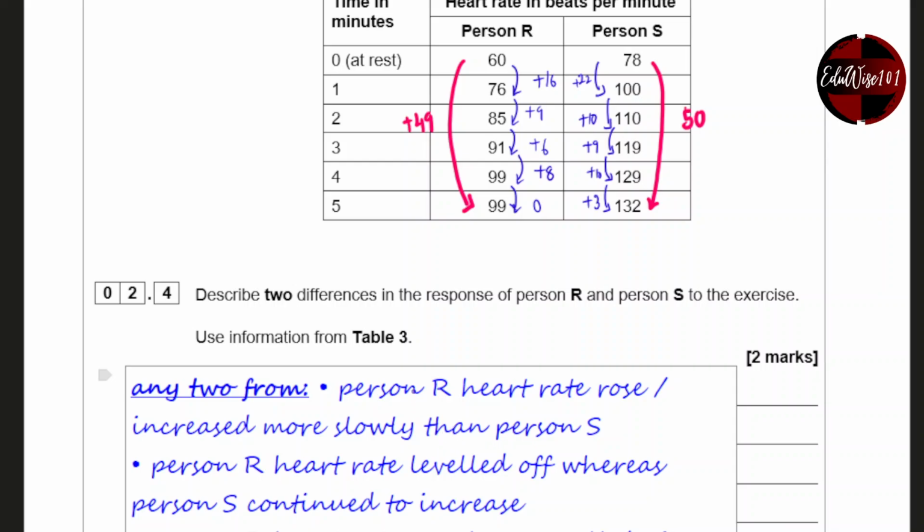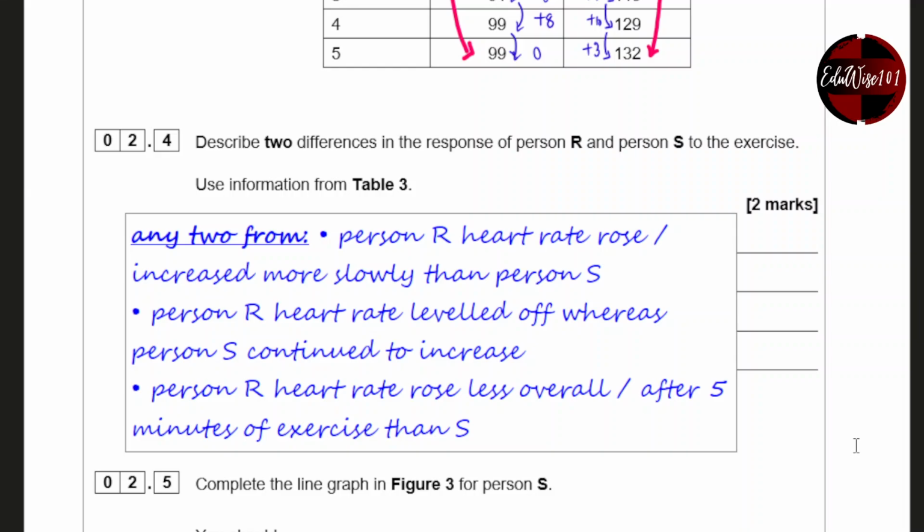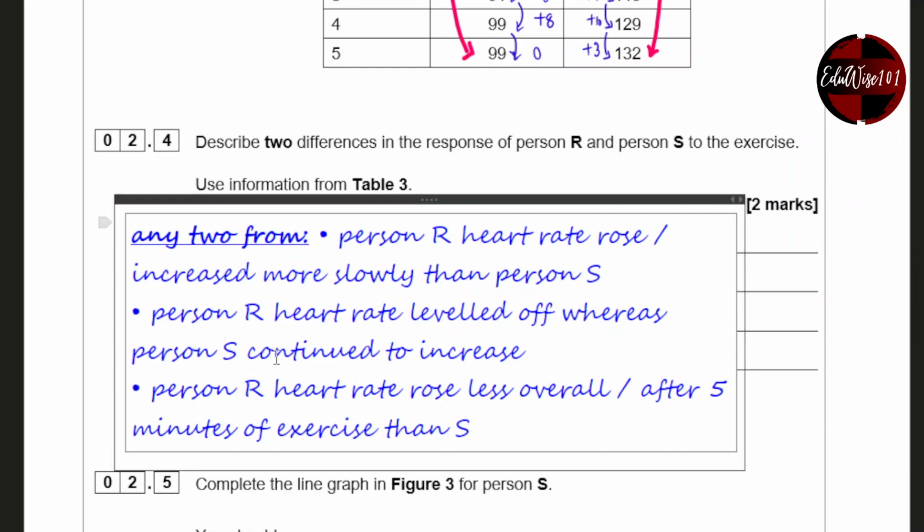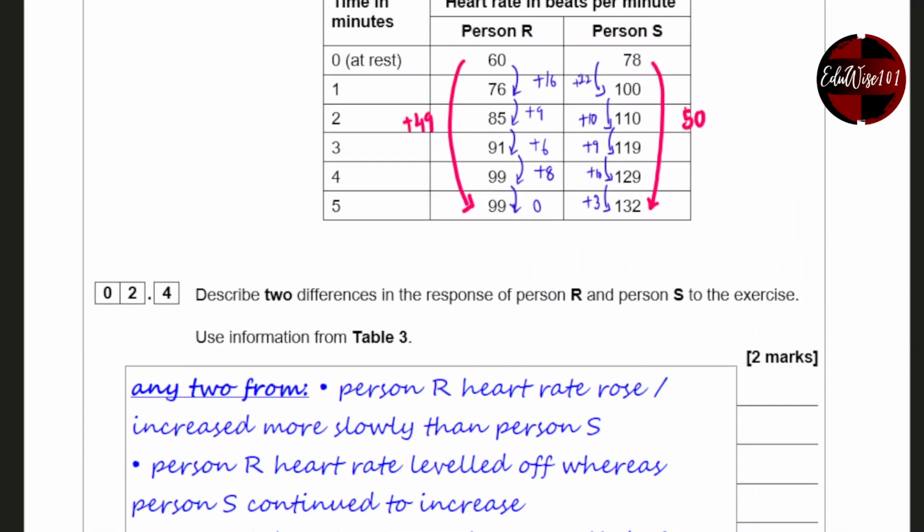Person R's heart rate levelled off after 4 minutes, whereas person S continued to increase. And person R's heart rate rose less overall after 5 minutes of exercise than S. Even though it's only one beat per minute less, it's still a difference.